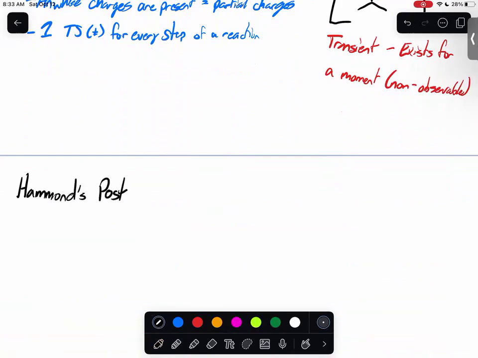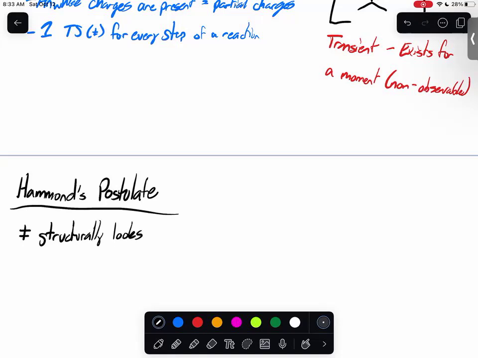And what Hammond's postulate states is that the transition state structurally, oh man, I cannot spell, structurally looks like whatever it is closest to in energy.